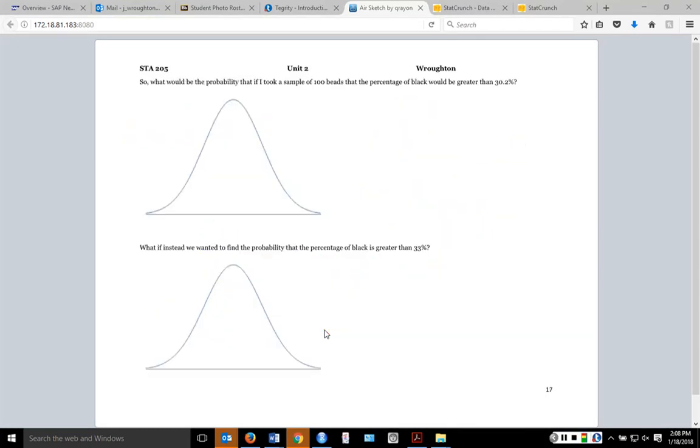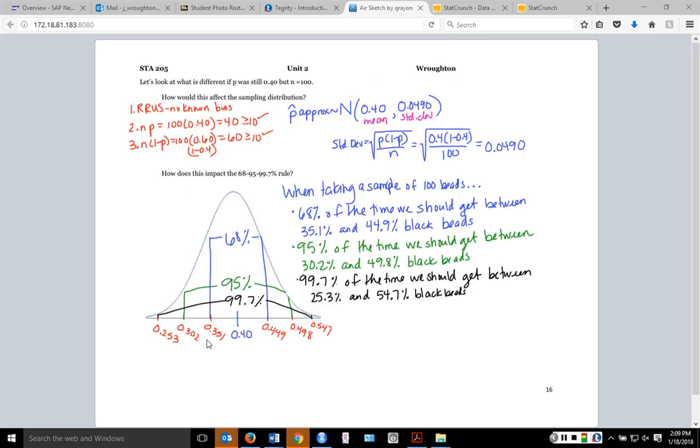So what would then be the probability that if I took a sample of 100 beads, that a percentage of black beads would be greater than 30.2%? Okay, so things I know. I know I'm centered, still at 0.40. I did a sample of 100 beads. So all of my numbers are going to be the same along the bottom that I had here, because this is where we also had that sample of 100 up here.